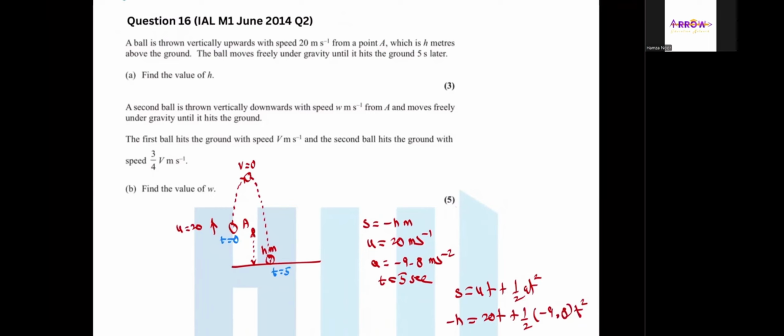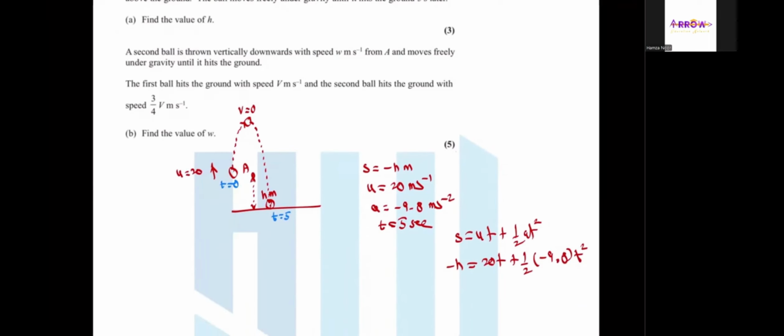We just need to solve this equation. So minus h is equal to 20 times 5 plus half times minus 9.8, which becomes minus 4.9 t squared, and the value of t is 5, so minus 4.9 times 5 squared.